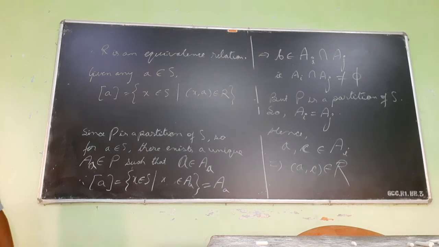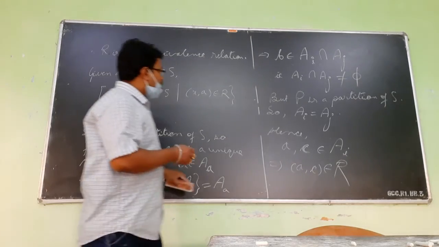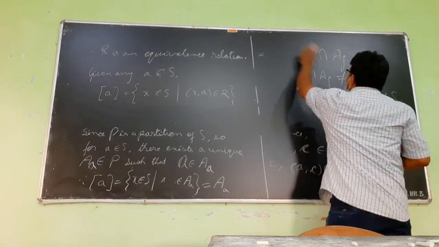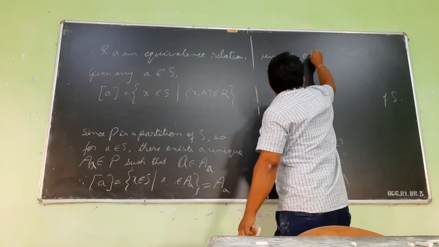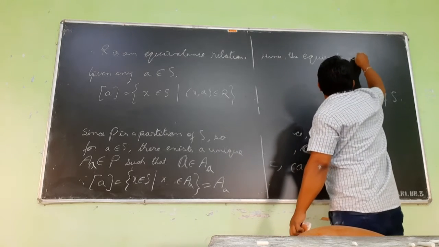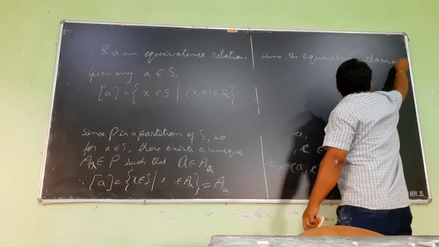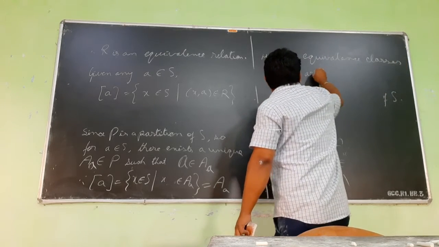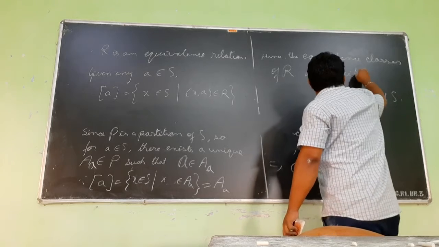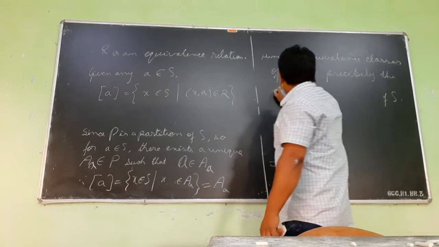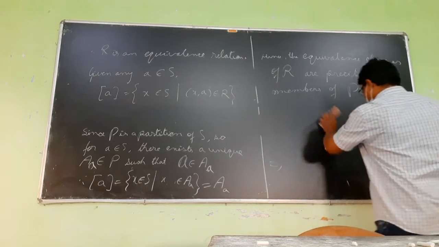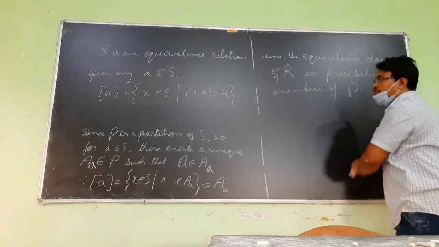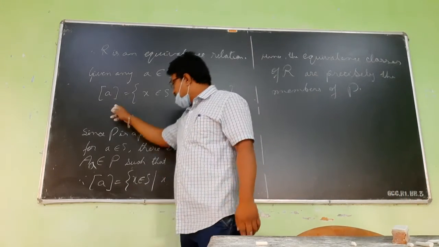So this is the set A_A itself. So the equivalence classes of R are precisely the members of P. Given a partition, we can form an equivalence relation where the equivalence classes are actually the members of P.